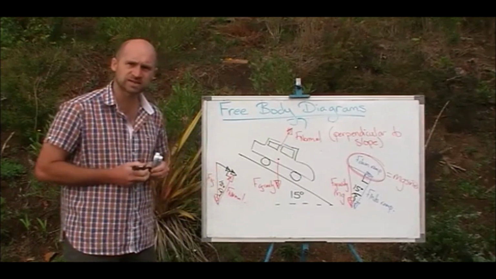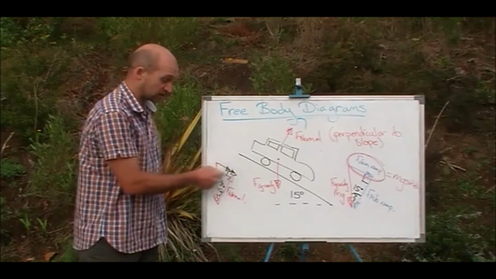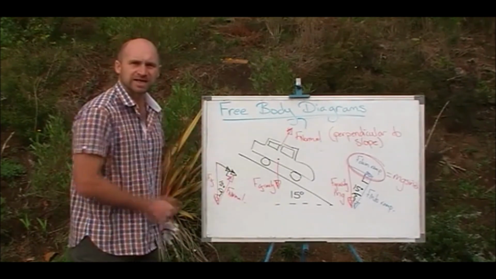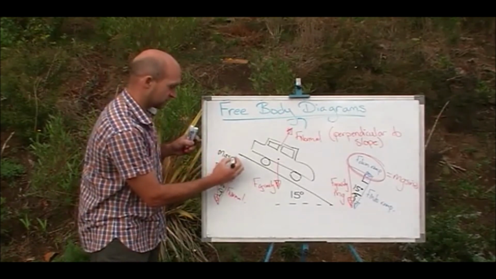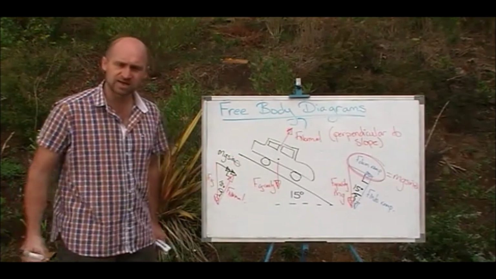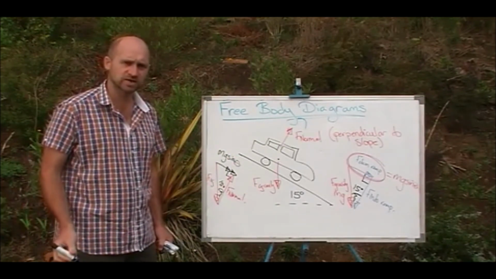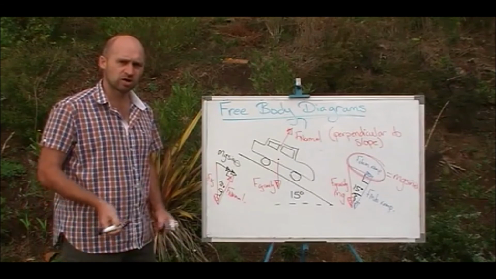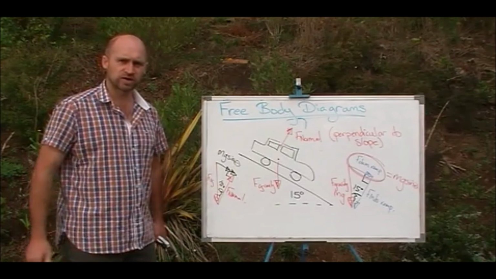And you can see that once again we've managed to draw the same triangle. We could work out that side there, and we're going to get exactly that same mg sin theta that we got on the other one. So that's how you work out the size of the forces acting on a body on a slope.